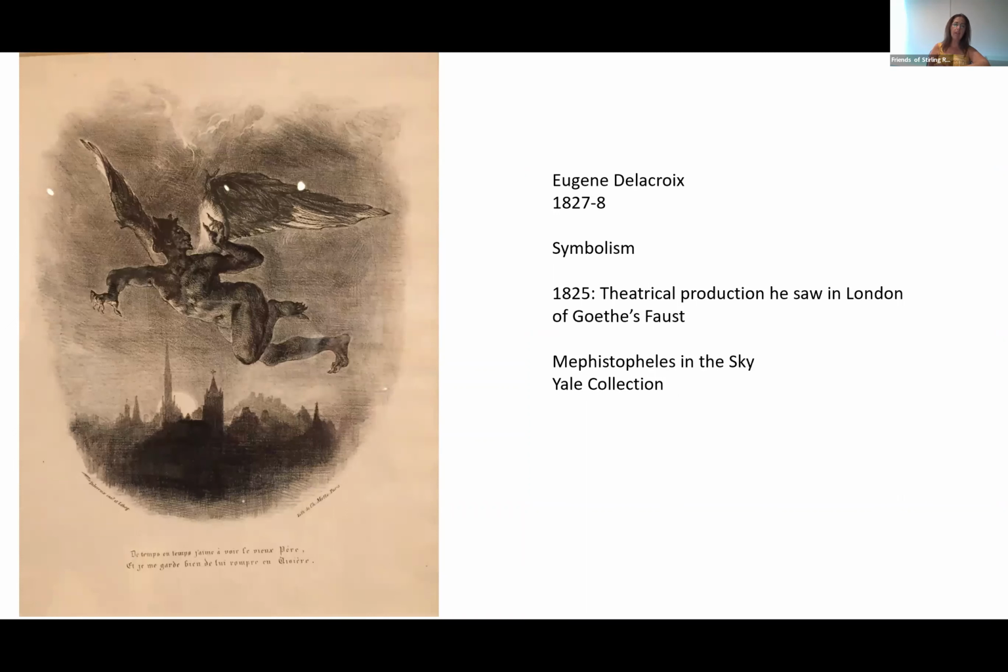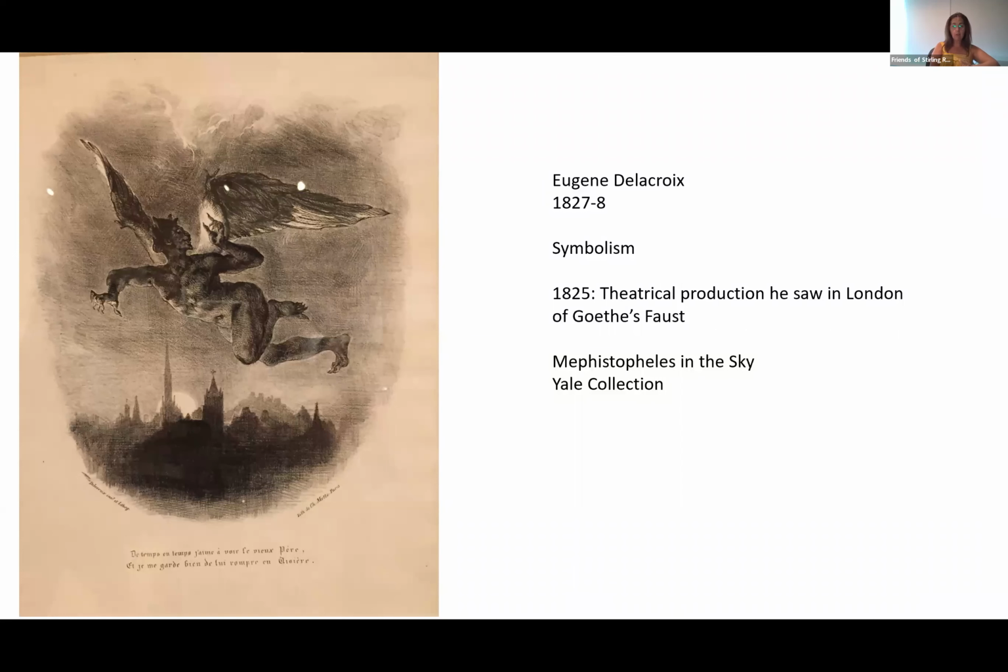And it's also very, very close to literature. They're going to be inspired by poetry, by stories that have been written. So, for example, here, Eugène Delacroix is going to portray Mephistopheles in the sky because he has seen a theatrical production in London of Goethe's Faust.